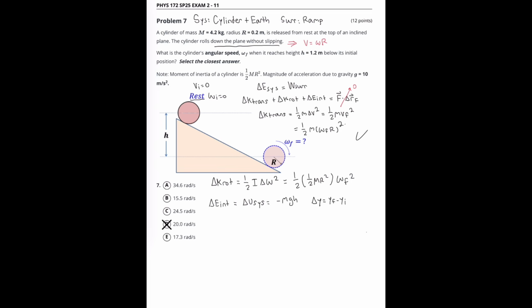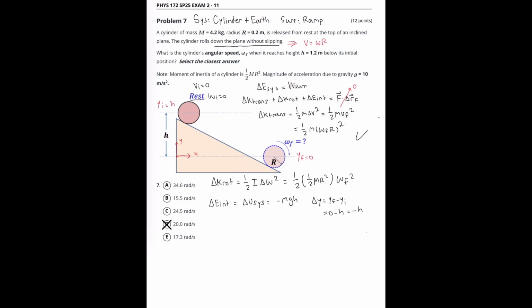And this is where we need to define our coordinate system. So we have positive x and positive y. Here, y final is equal to 0, and y initial is equal to h. So from that we can say it is equal to 0 minus h, which is negative h.